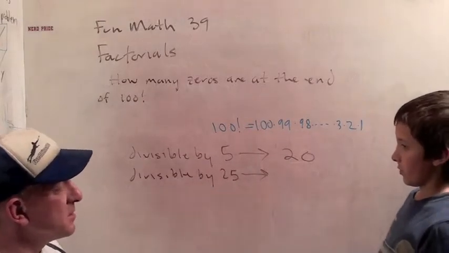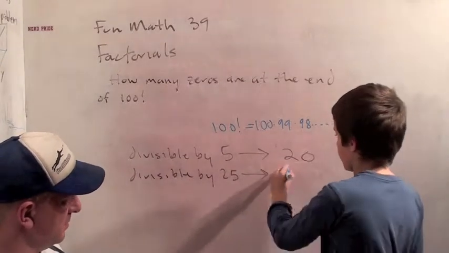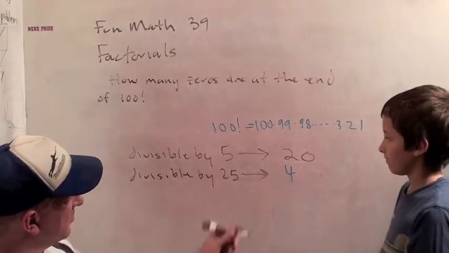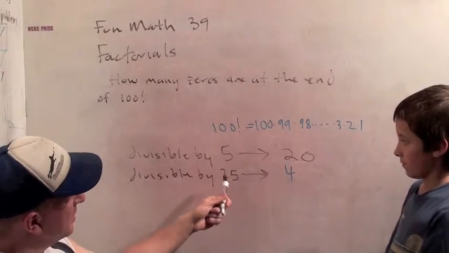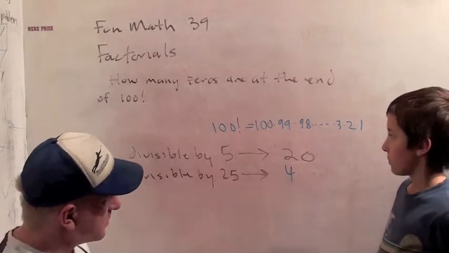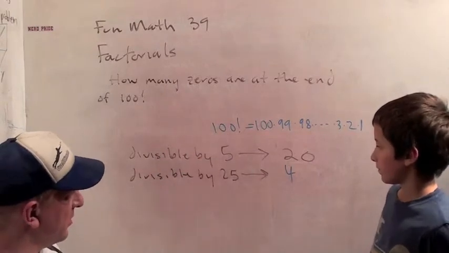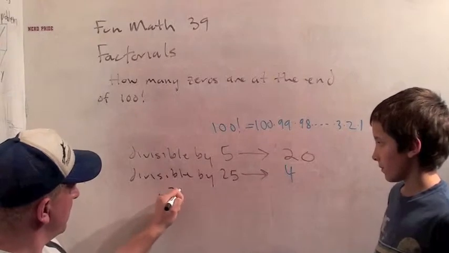How many of those? 4: 25, 50, 75, and 100. So we get 20 5's from the numbers divisible by 5, and then 4 extra 5's for the ones divisible by 25. So the prime factorization of 100 factorial has how many 5's in it? 5 to the 24th.